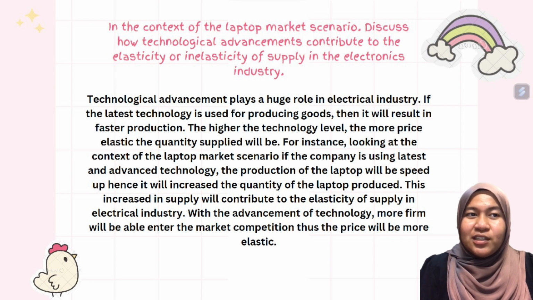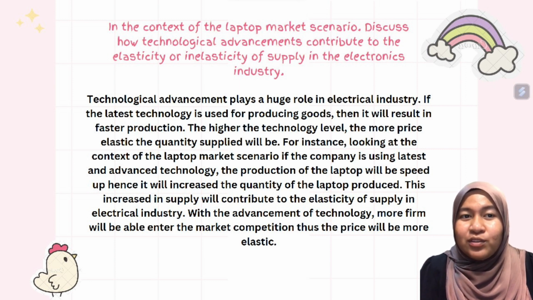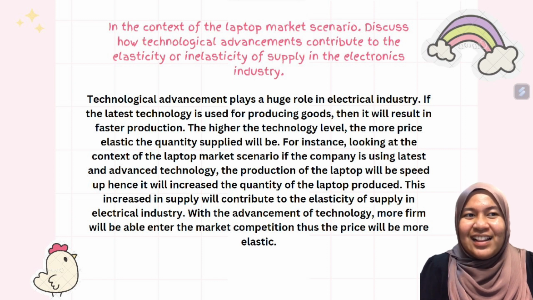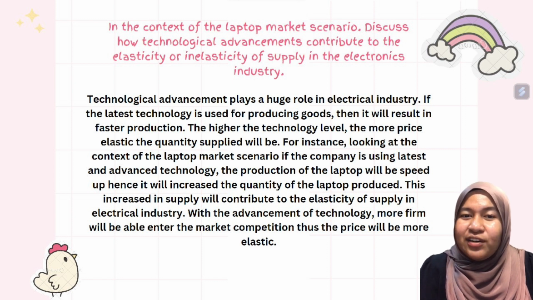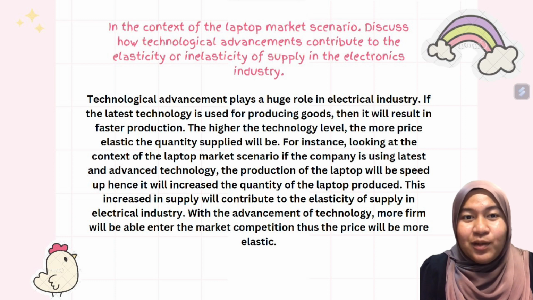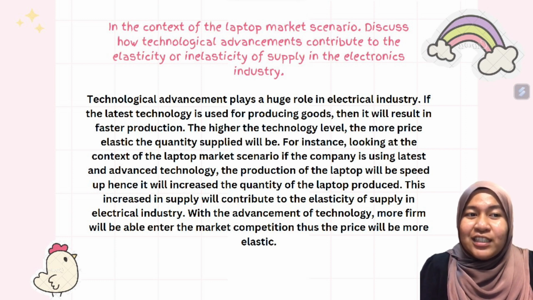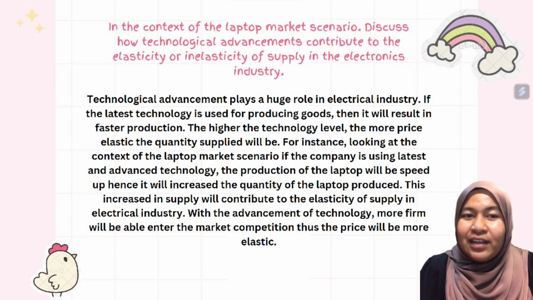This question wants us to discuss how technological advancements contribute to the elasticity or inelasticity of supply in the electronics industry. As we all know, technological advancements play a huge role in the electronics industry. If the latest technology is used for producing goods, then it will result in faster production. The higher the technology level, the more price elastic the quantity supplied will be.